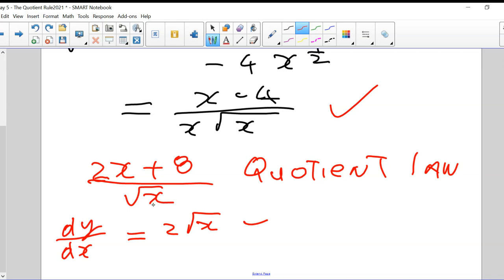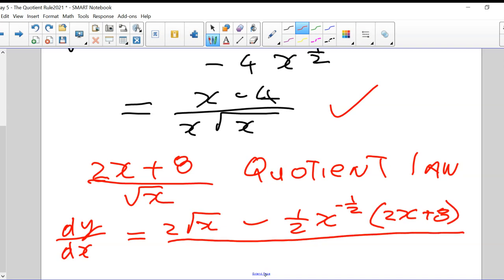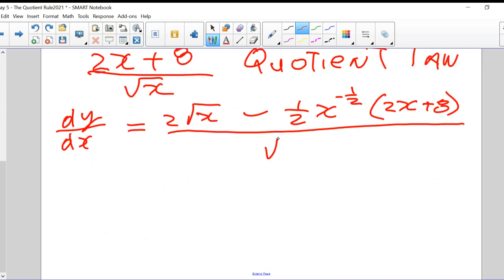Now, this square root of x means x to the power of a half. So if I differentiate that, it's going to be a half of x to the power of minus a half, multiplied by the 2x plus 8. And all of that is over the square root of x squared.